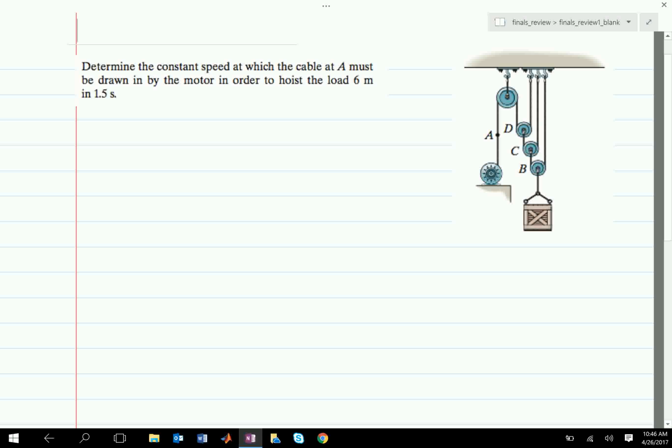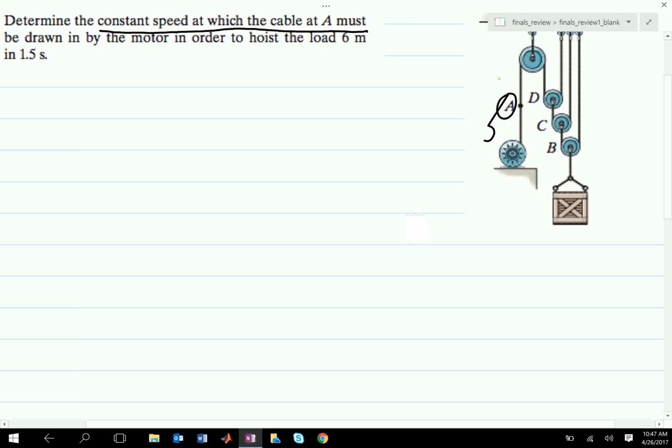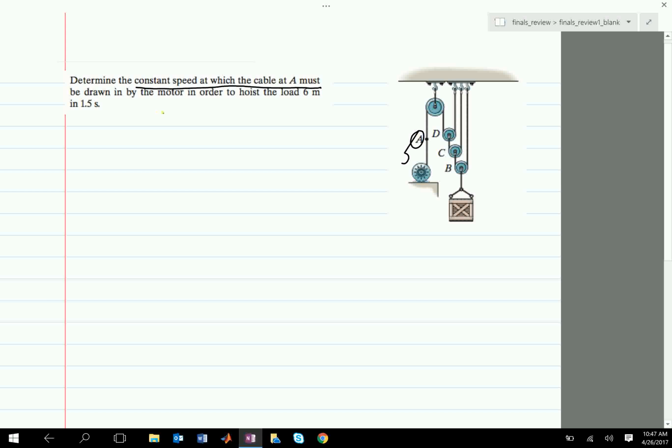Can you read the question and tell me what question this will be, what principle you'll use? So determine the constant speed at which the cable A must be drawn by the motor in order to hoist the load 6 meters in 5 seconds.